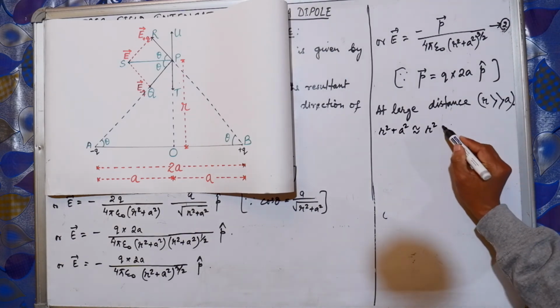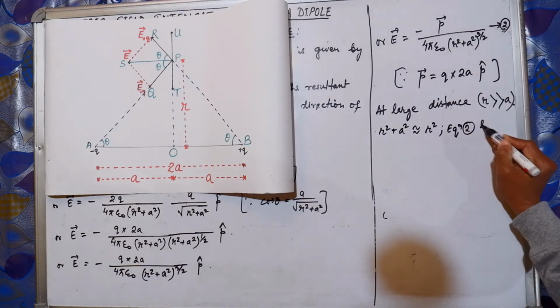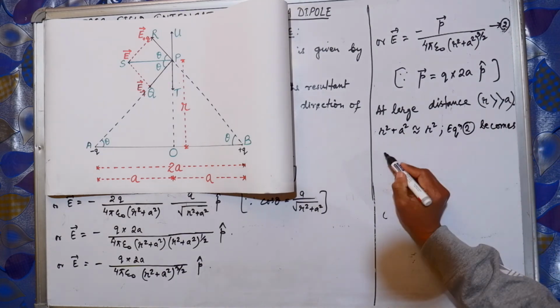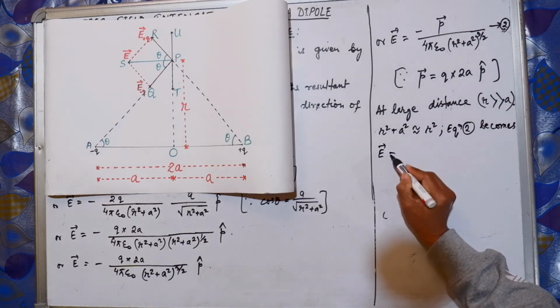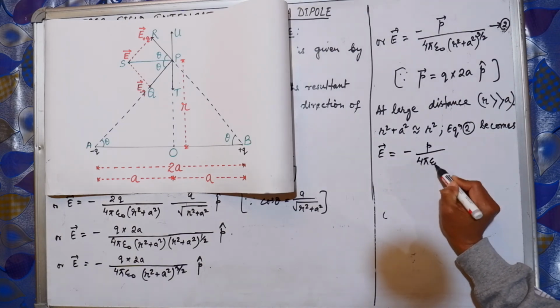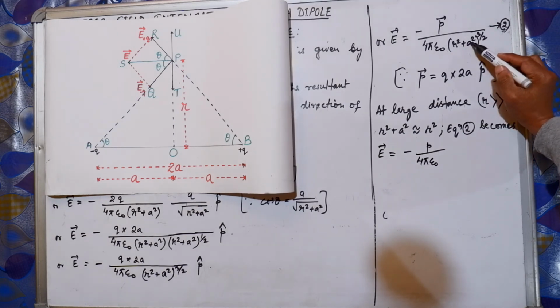So equation 2 becomes E is equal to minus P by 4 pi epsilon naught, R square to the power 3 by 2.